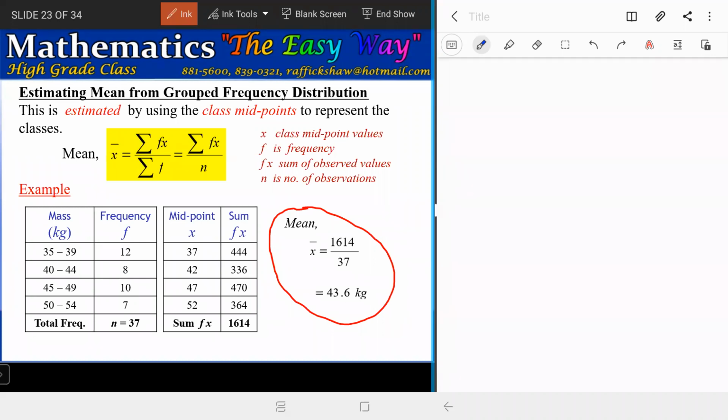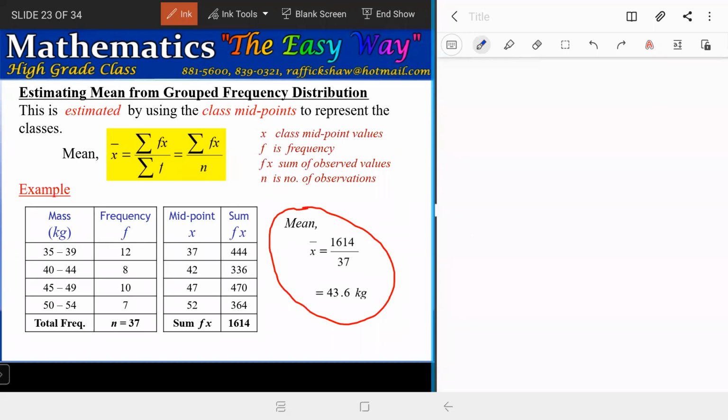So I would say something like, this is an estimated mean because we assumed that the mass of all the balls in a group was equal to the midpoint mass. Let's go again.